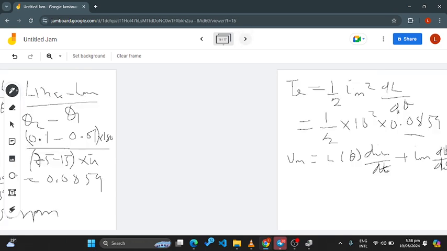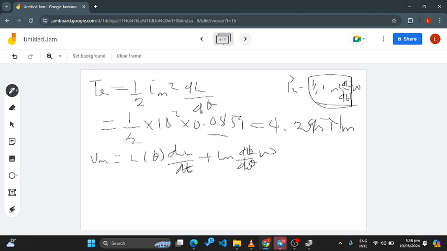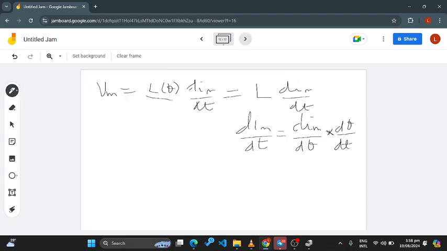So that's the reason why we are doing that. So this over here is omega. Then I can say Vm should be equal to L dim d theta omega.